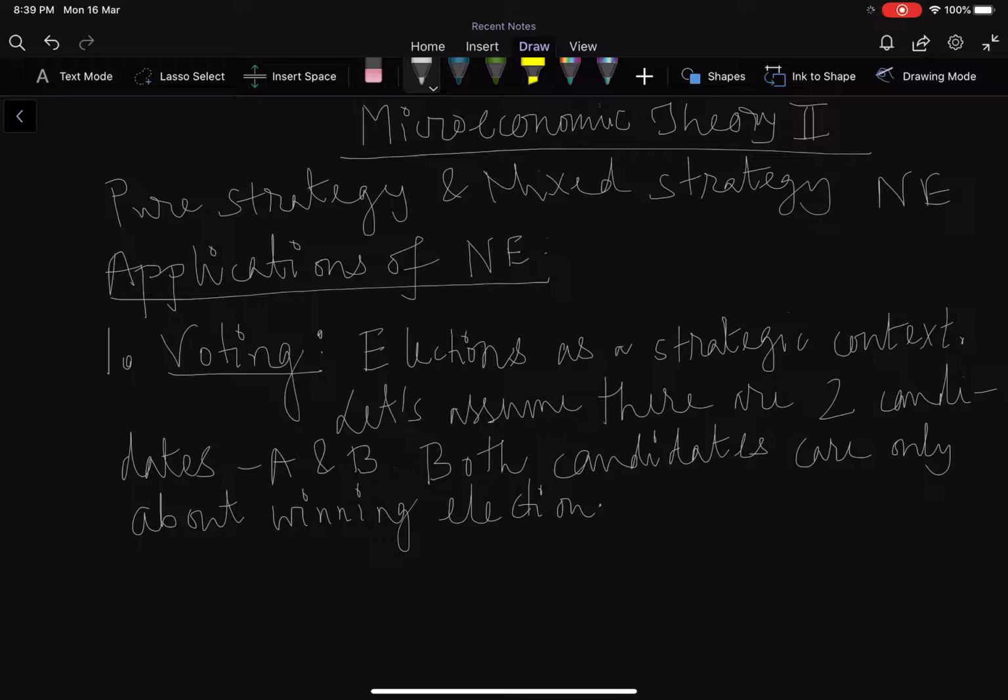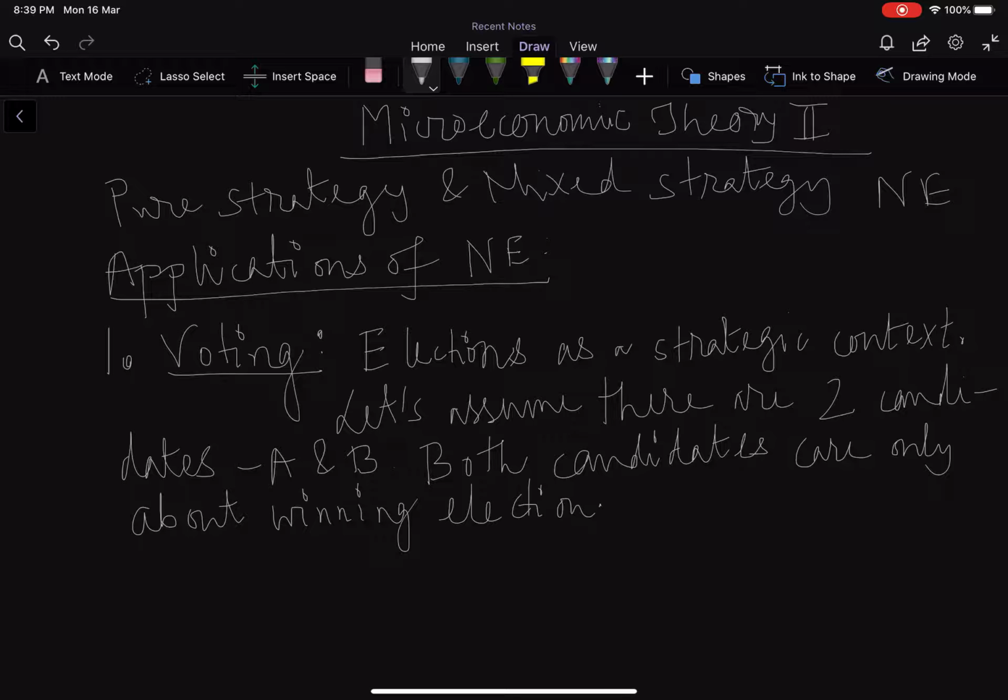I mean, you can change this assumption, and you can say that candidates not only care about winning election, but they also care about the policies that they are implementing. So Bernie Sanders not only cares about winning the presidential election, Bernie Sanders also personally cares about the policies that he wants to implement, right? So you can have a world where candidates care about both. But we want to simplify this.